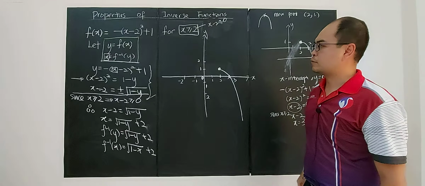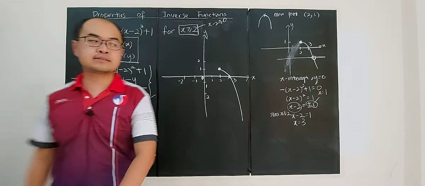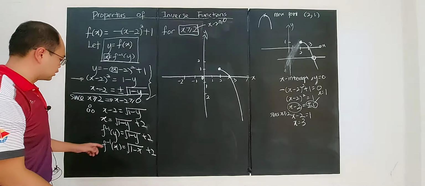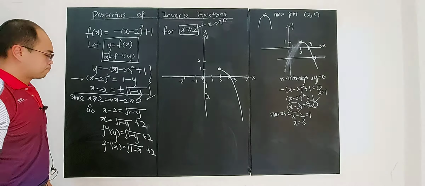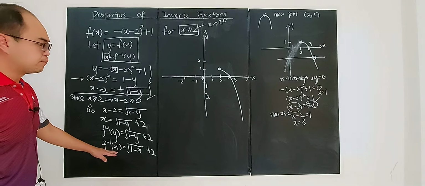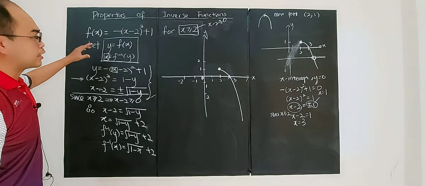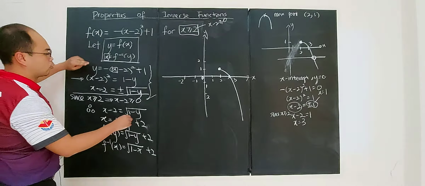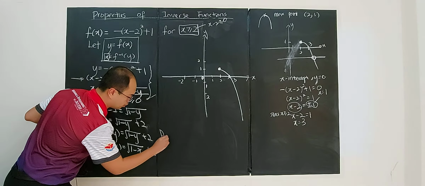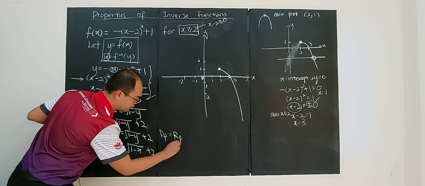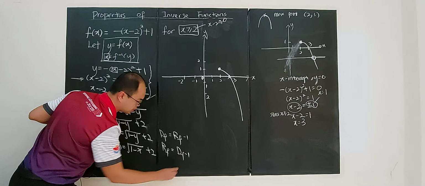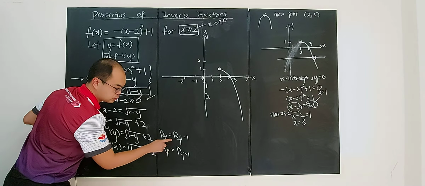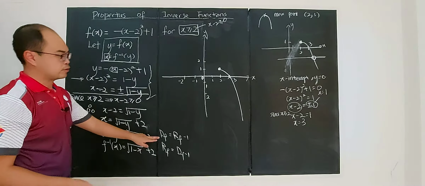This is a 1-to-1 function. So at the same time, I'm going to sketch the graph of the inverse of f(x). Before that, you have to understand that the domain of f is the range of f inverse, and the range of f is the domain of f inverse, the other way around, right? So what is the domain for f here? You can read from the graph.